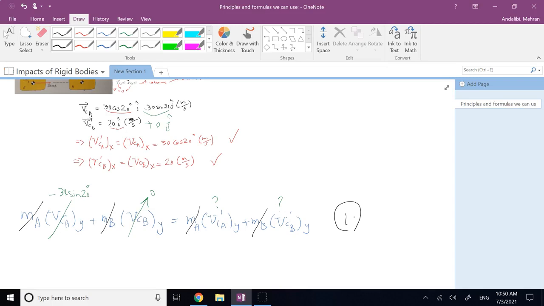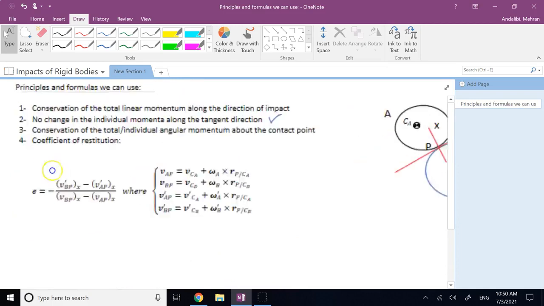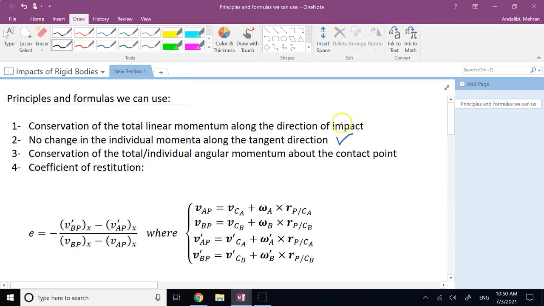Where do I get those? Well, I have to go about this rule number 3 now, which says the angular momentum of either total or individual components about the contact point is constant. Why is that?